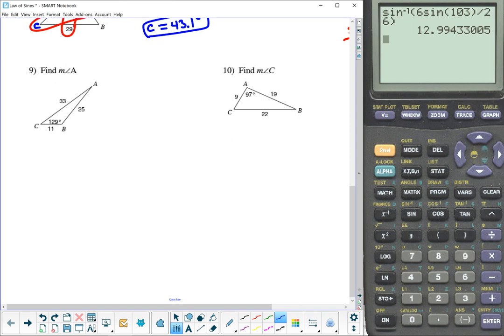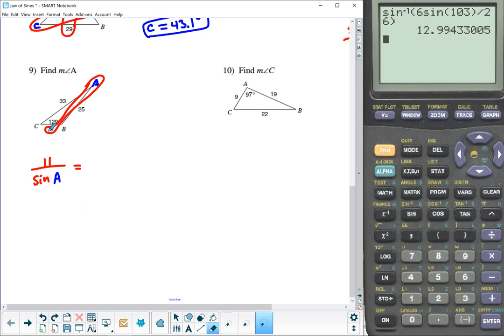Okay. Find A. Oh, finally A. Let's see. So A is what I'm looking for. So if I wanted to do this, I can say A and 11 are together. So I can write this as 11 over sine of A. That's going to equal, and then let's see.